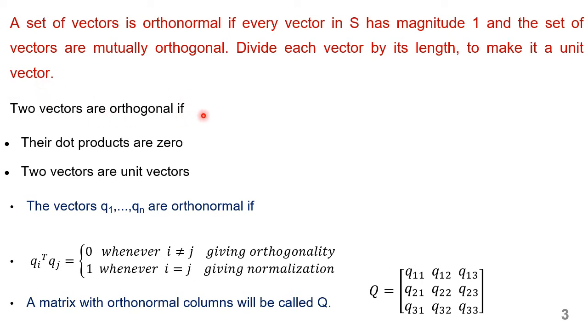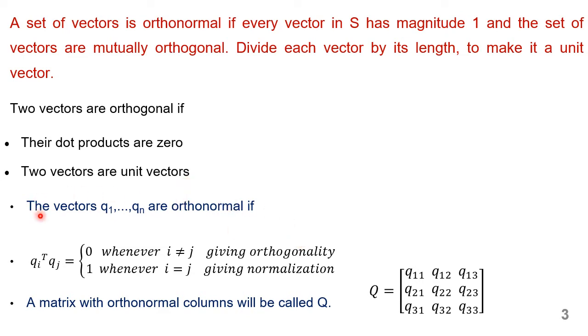Two vectors are said to be orthogonal if their dot product is 0. Suppose I have two vectors q1 and q2, q1 dot q2 or q1 transpose q2 should always be equal to 0. And the second condition is each of the vectors should have a magnitude equal to 1, that we call a unit vector.